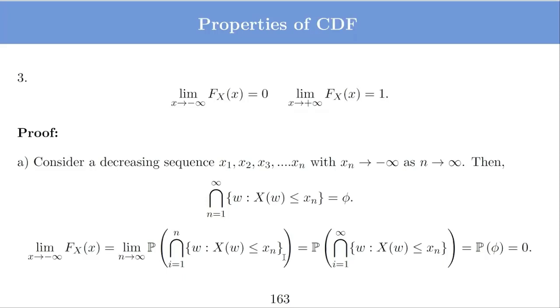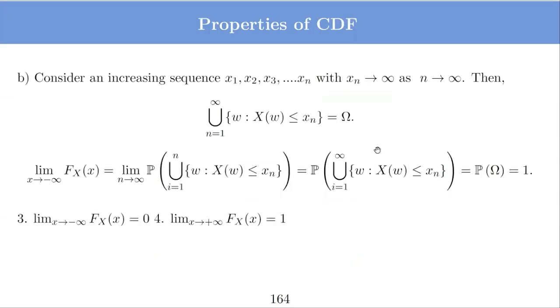From the probability property, this equals the probability of the countable intersection of these sets, which is the empty set phi. So this is equal to P of phi, which is 0. Basically, as you keep on decreasing xn, this set becomes smaller and smaller, and eventually the probability of that set should be 0. So the CDF, because it represents the same thing, should be 0.